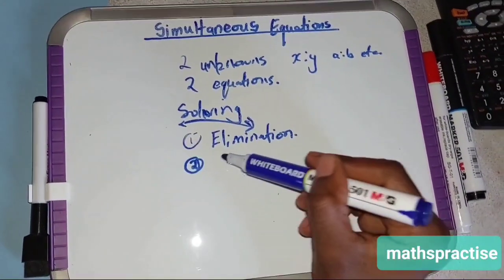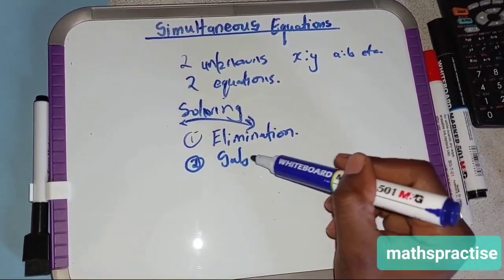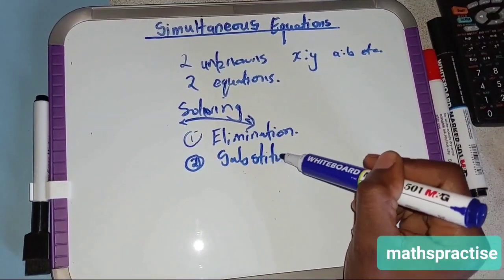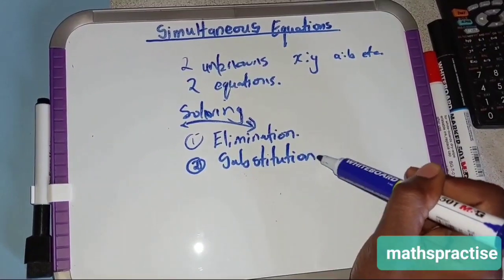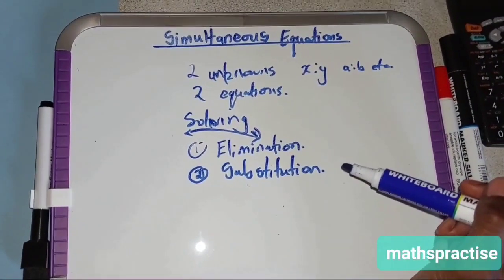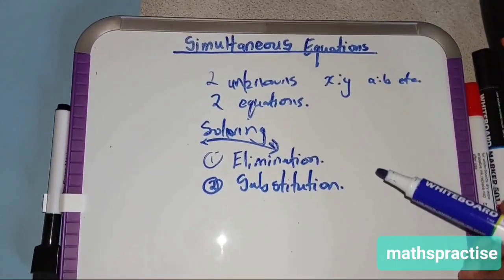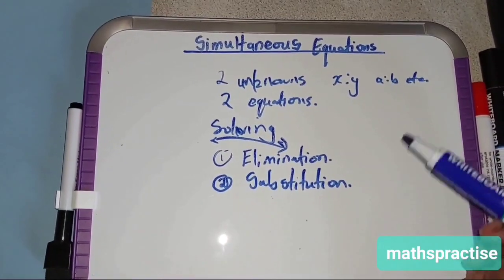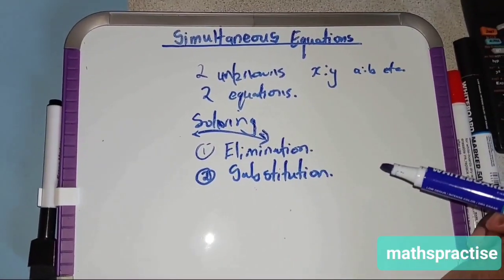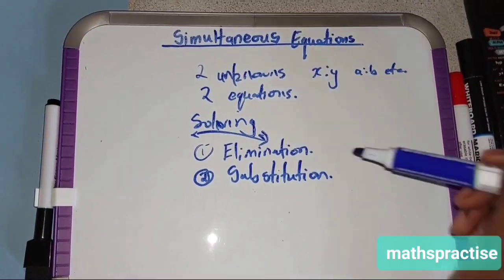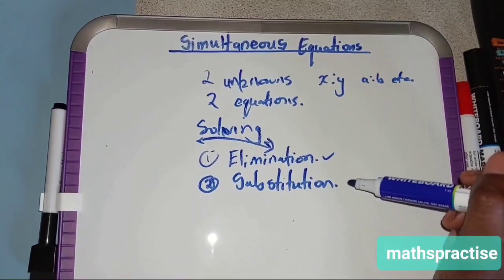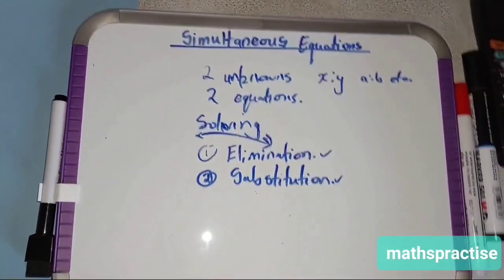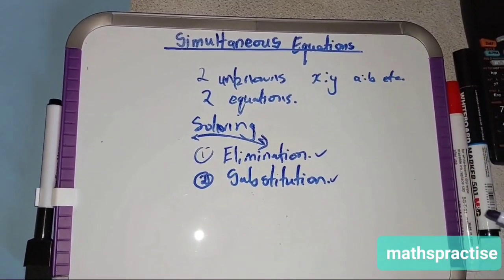Then the second is substitution. I hope you can see it well. We are just going to do a few examples so that you will see the difference between the elimination method and the substitution method in simultaneous equations.